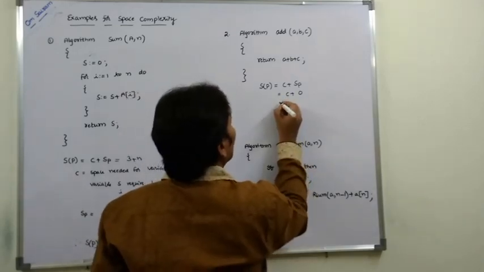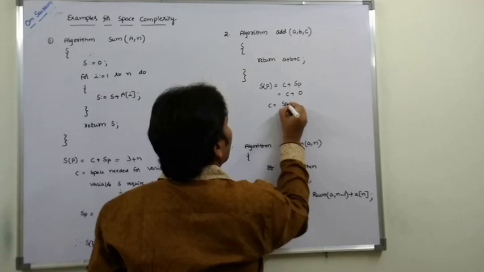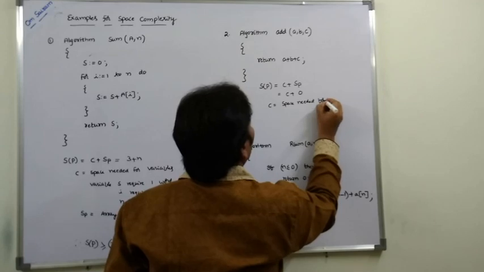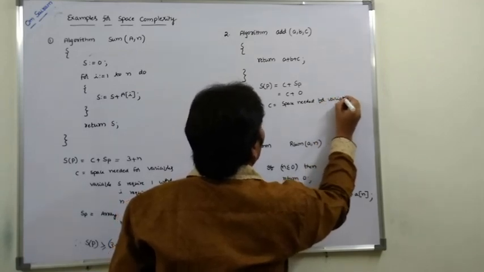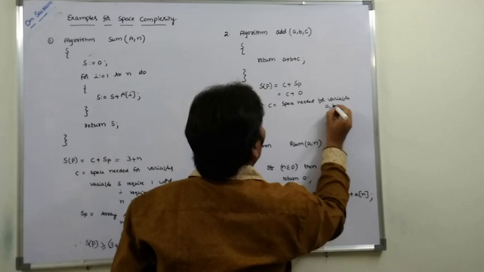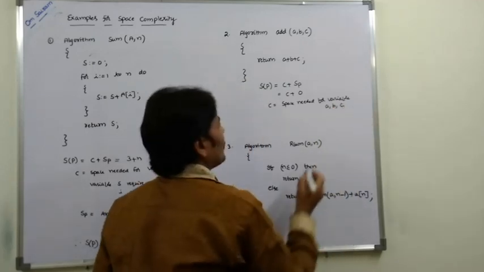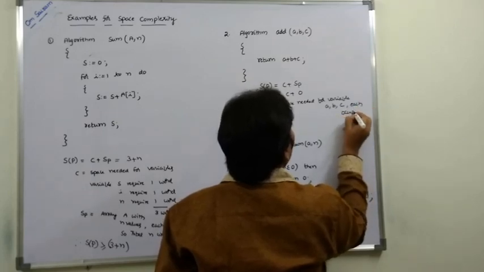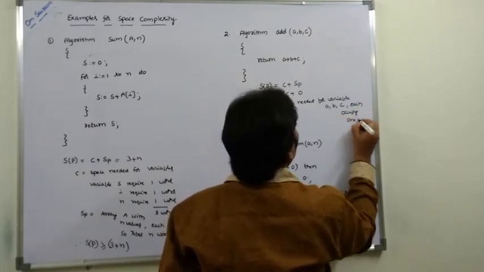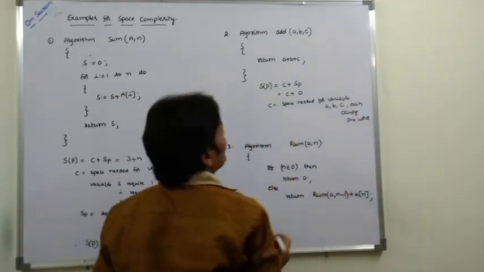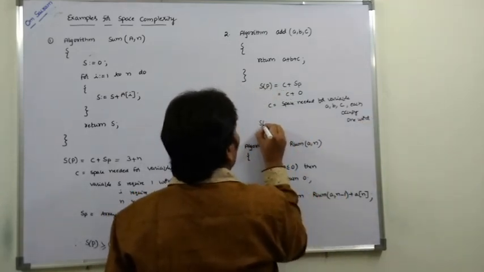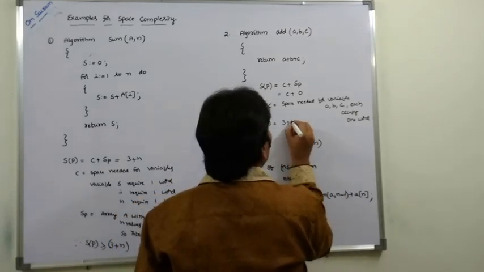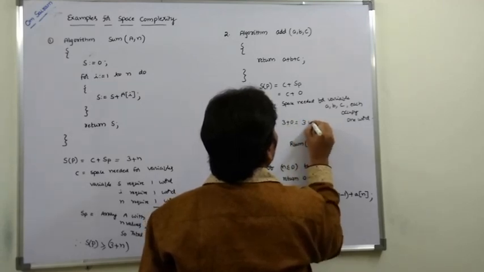So here C is the space needed for variables A, B, C. Each occupies one word. Therefore S of P is equal to 3 plus 0, that is 3 words.